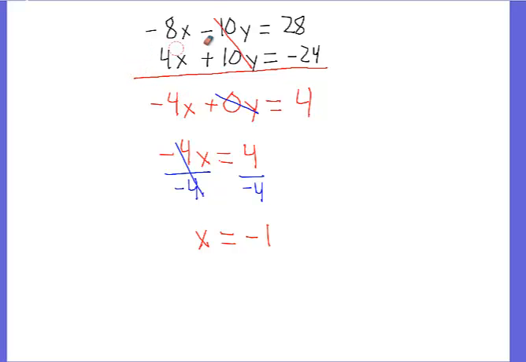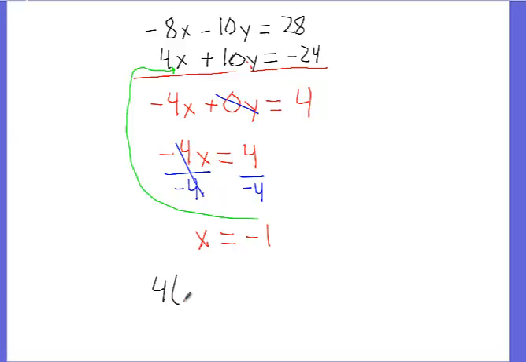Just like when we deal with substitution, okay, when we want to find the other variable, aka the y variable, we're going to substitute the negative 1 in for x in either equation. Okay, I'm going to take it and substitute it into the second equation. All right, and I'm just going to rewrite it down here.